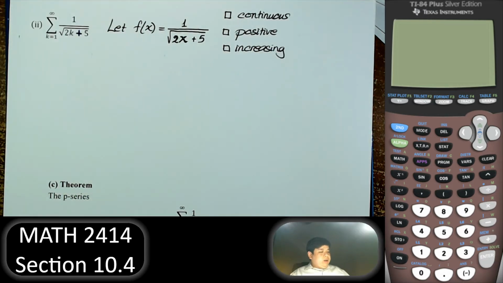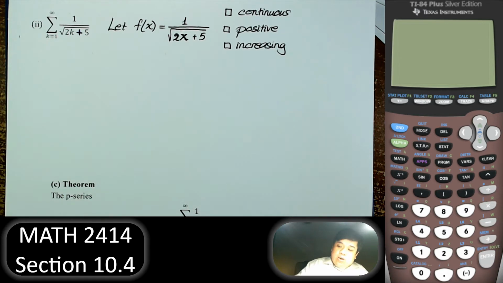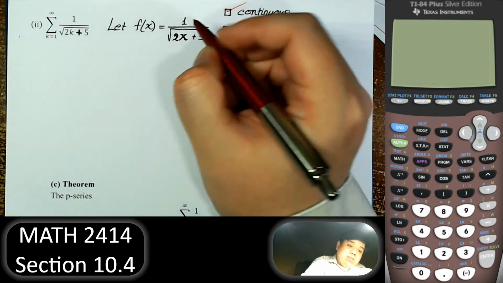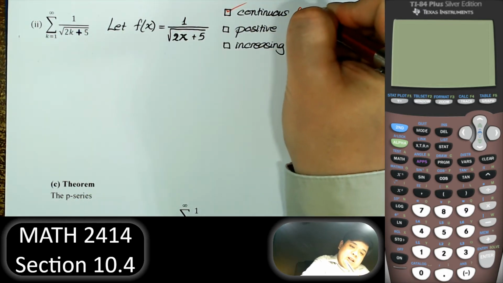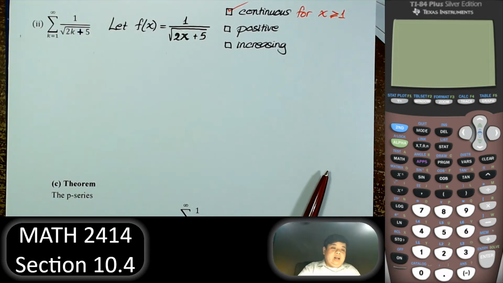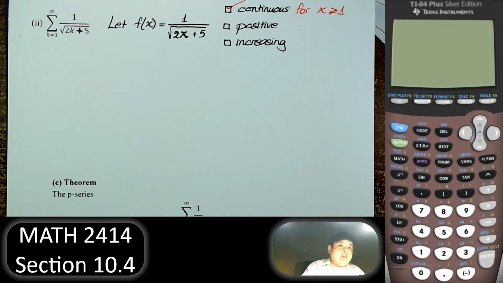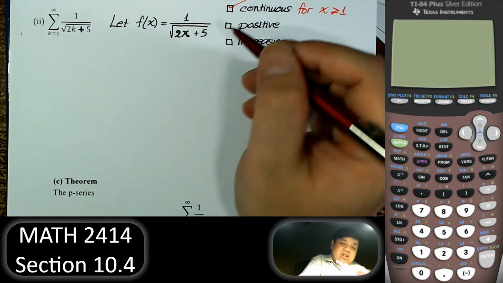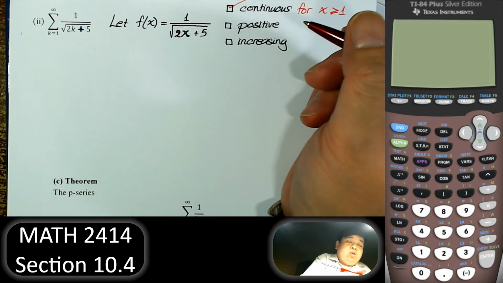So we'll check real quick. So, is that continuous? And I say yes, because for x greater than or equal to 1, the bottom is greater than 0. If it's greater than 0, it's not 0. So we divide by something other than 0. It is defined, therefore it's continuous.